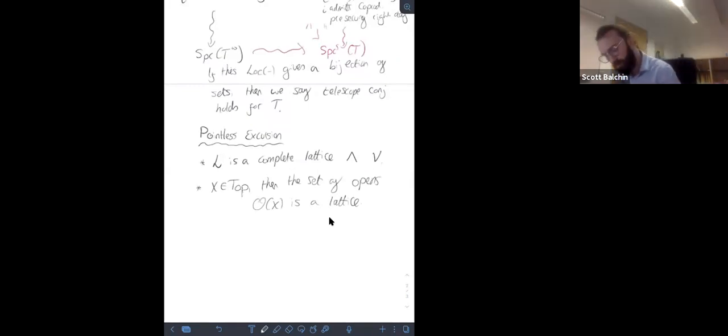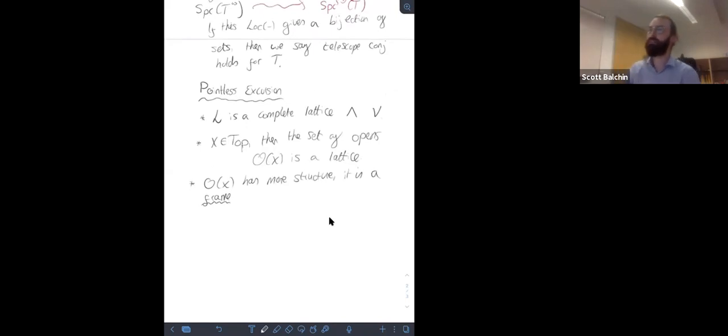It's a lattice, but it also has more structure. This O(X) has more structure. It is something that we call a frame. So what does this mean?